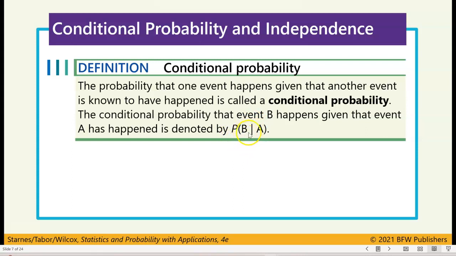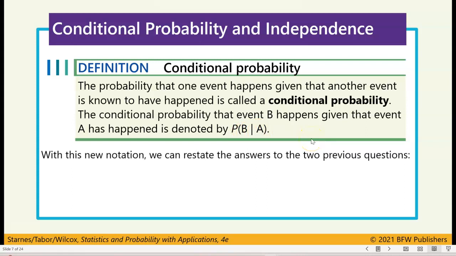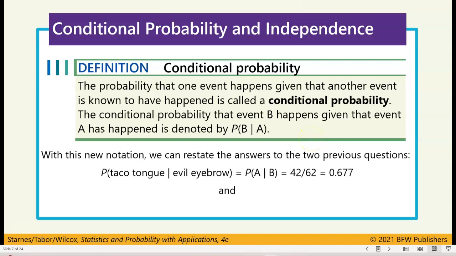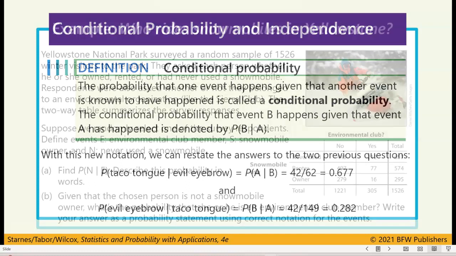What's the probability that B happens given that A has already happened, on that condition? So that's the notation we'll use. The same question, the probability of taco tongue given that you have an evil eyebrow, is 42 out of 62. The probability of evil eyebrow given that you have taco tongue is 42 out of 149.